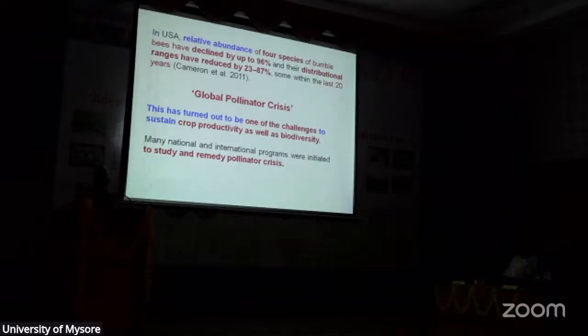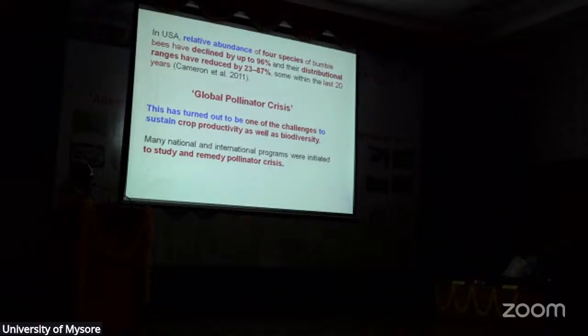Now, even in the USA, the relative abundance of 4 species of bumblebees has declined by up to 96%, and their distributional ranges have reduced by 23 to 87%, some of it within the last 20 years. That means most of this decline has been in recent years.